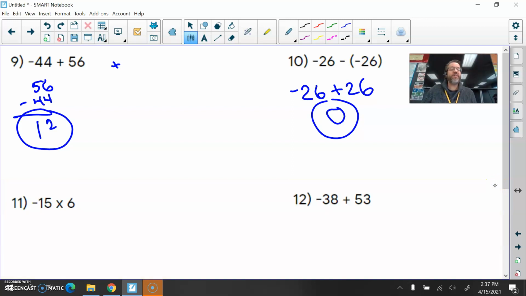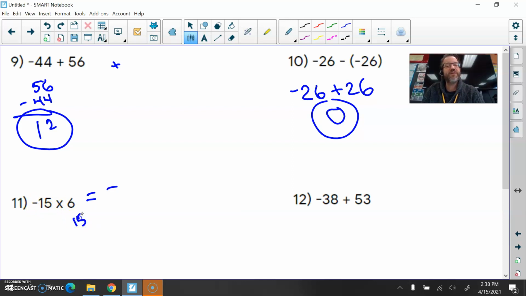All right, number 11, we have negative 15 times 6. Now we have our rules for multiplying and dividing, which tell us if you have one negative sign, you'll get a negative answer. Anytime you have two negative signs, they cancel each other out and you'll have a positive answer. So here we only have one negative sign, so we're going to get a negative answer. And then to find out what that answer is, just multiply these together, ignoring this sign now.